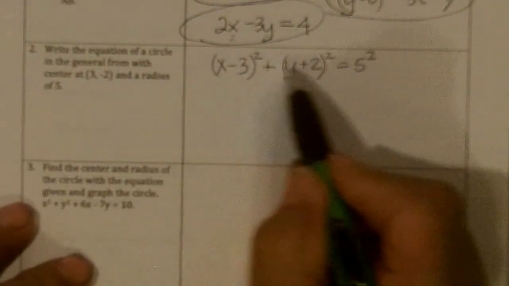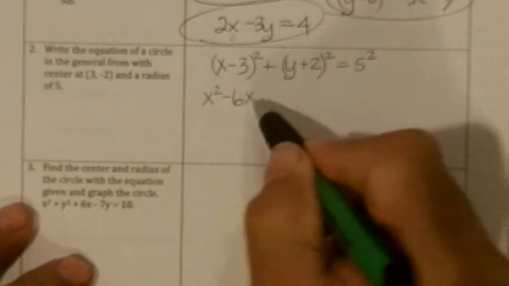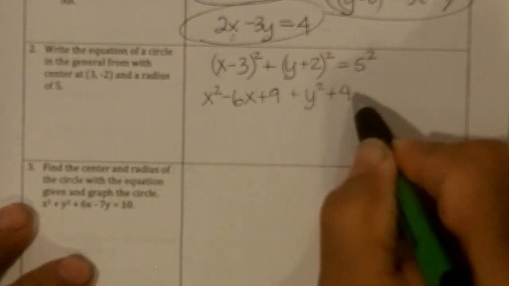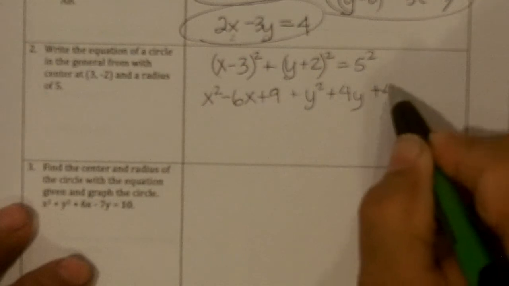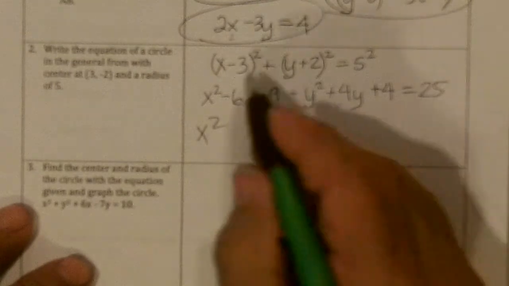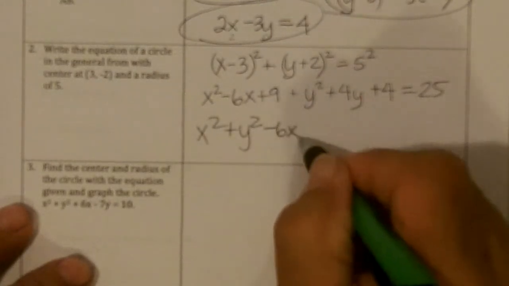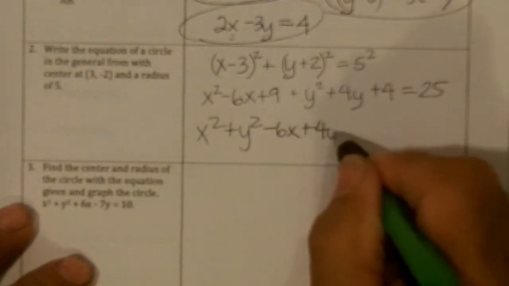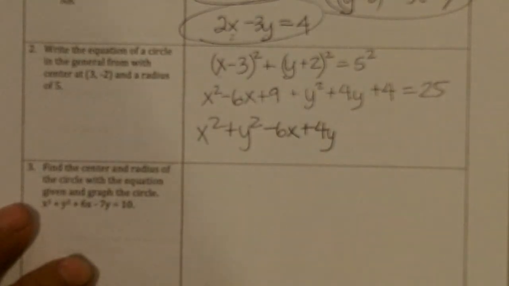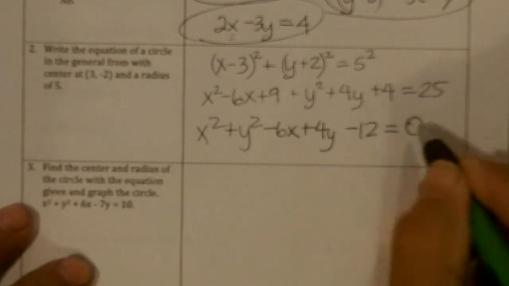In general form, so we need to multiply these out, so that's x squared minus 6x plus 9 plus y squared plus 4y plus 4 equals 25. So we get x squared plus y squared minus 6x plus 4y, plus 13 minus 25, which is negative 12, equals 0.